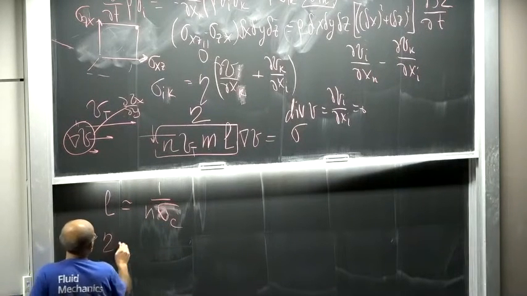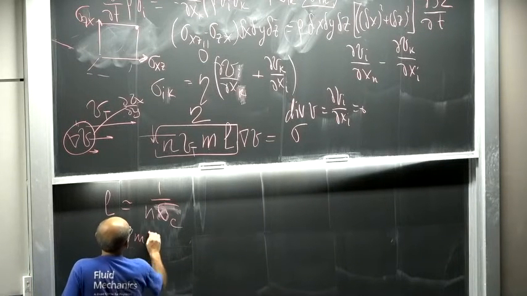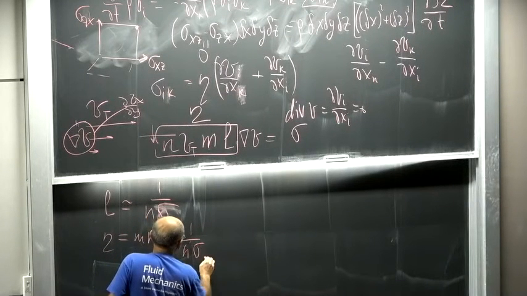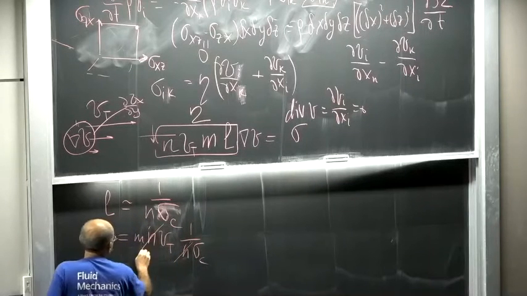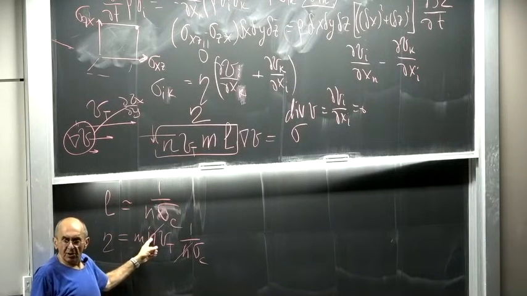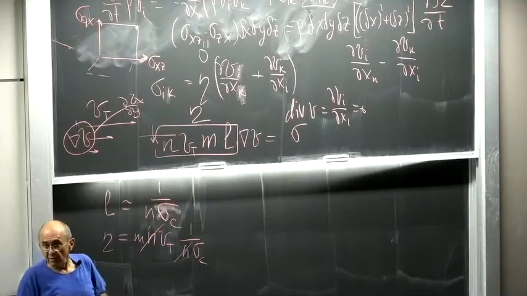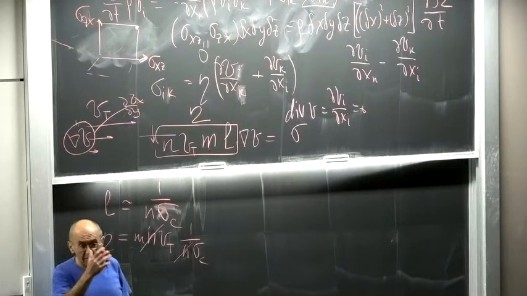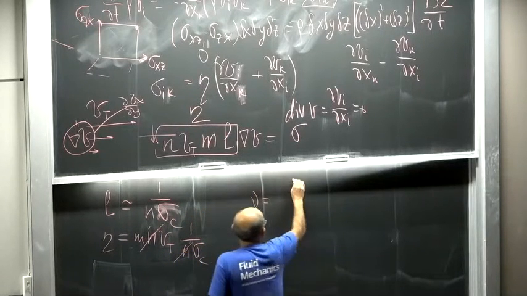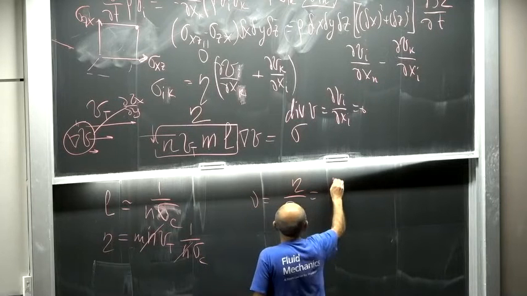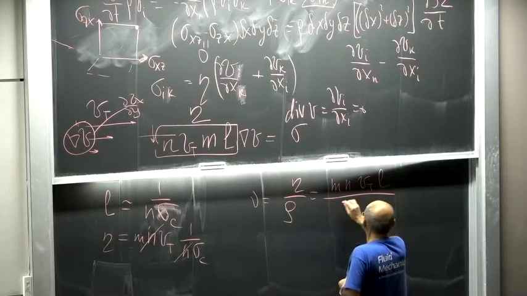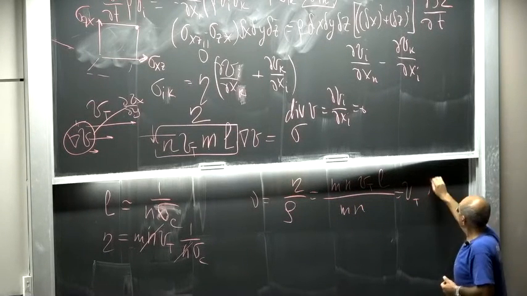So if you now take eta, which is m n vt l, with l equal to 1 over n sigma, you would see that the viscosity of gases is independent of concentration, essentially independent of density, which is a well-known fact. And even more important, if you define a kinematic viscosity, which is eta divided by rho, which is m n vt l divided by m n, it's vt l.